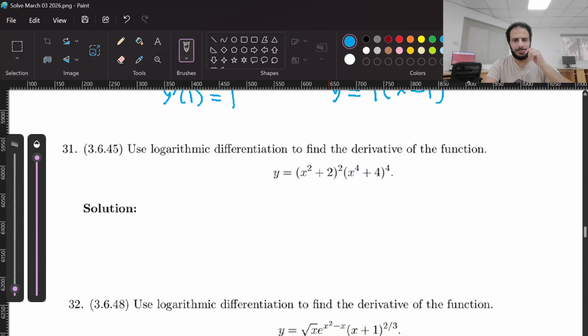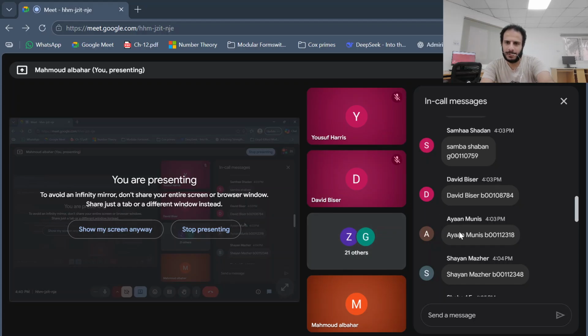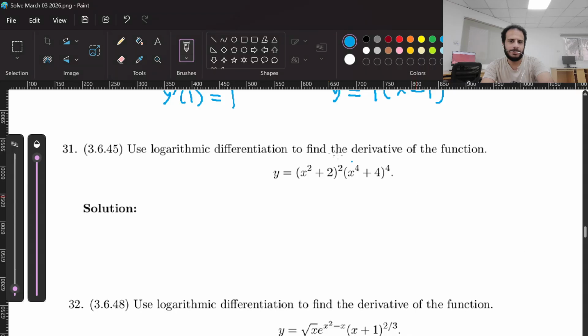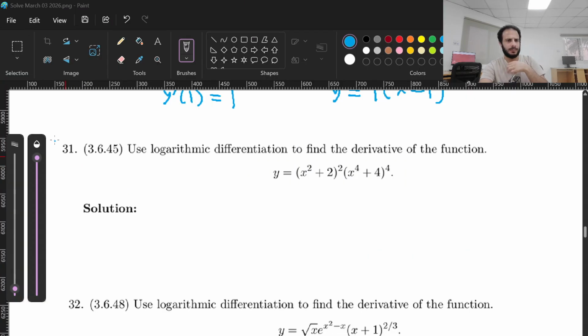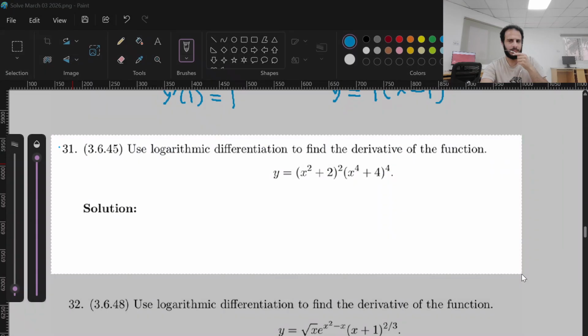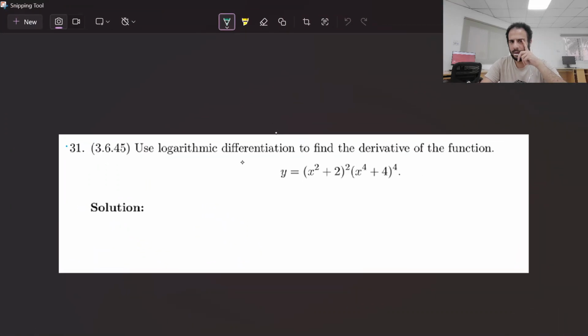Okay. Now Ayan. Yes, Professor. I need your help with problem 31. So we have to use logarithm. We use logarithmic differentiation, right? Yes.